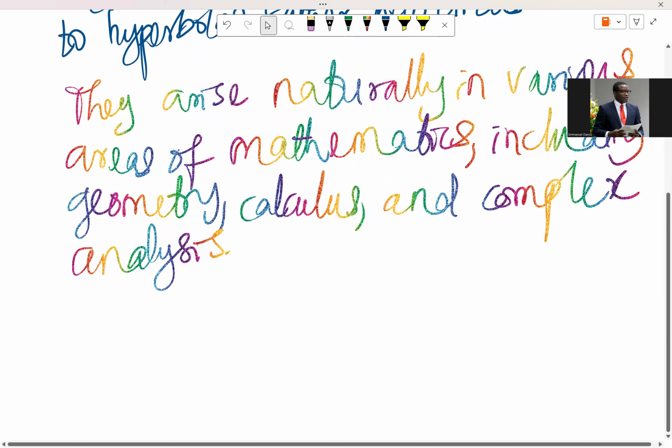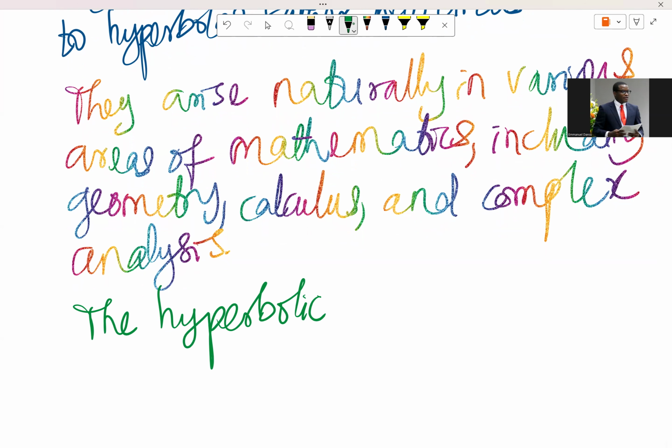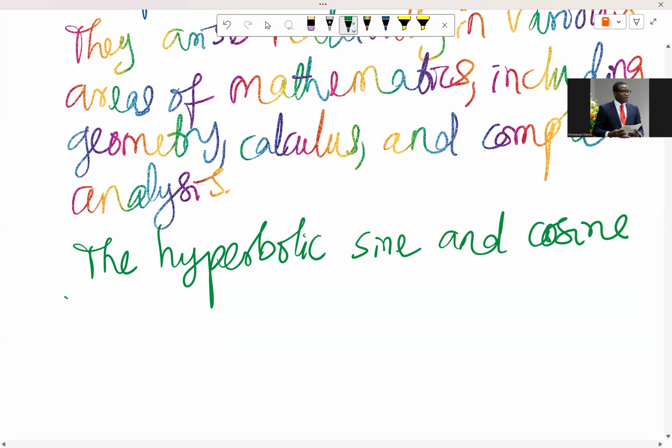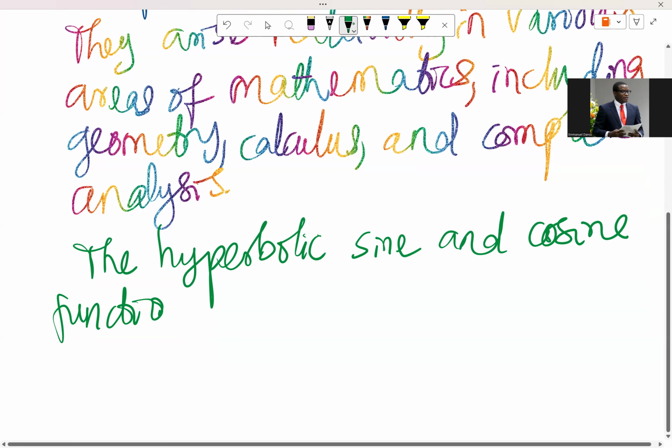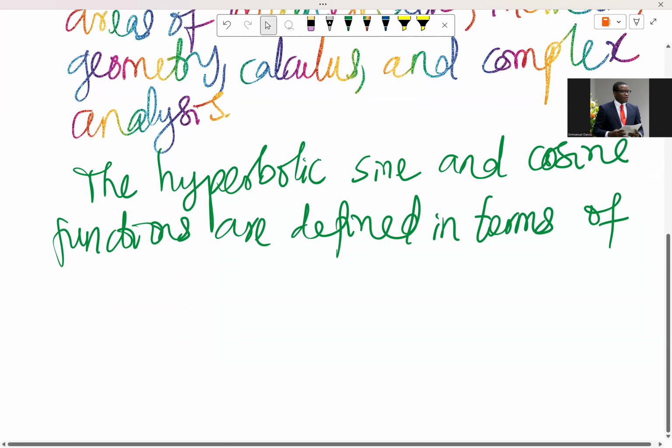Okay, so the hyperbolic functions, you already know they are analogous to trigonometric functions. And then we have sine, cosine, tangent. And of course, we have their reciprocals. For sine, that will be cosecant. For cosine, that is secant. And for tangent, that is cotangent. So the hyperbolic sine and cosine functions are defined in terms of exponential functions.